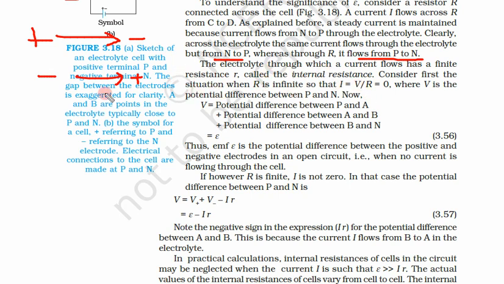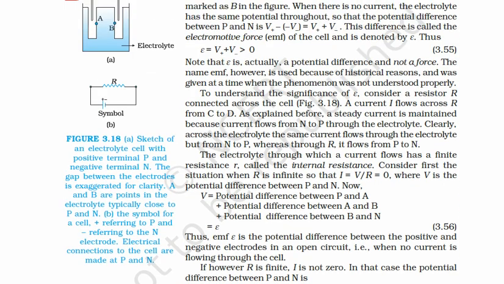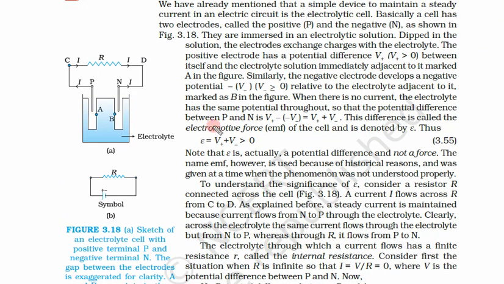Now if you see this diagram once again, the outside resistance was capital R. But in this diagram, in between this negative electrode and this positive electrode, there is an electrolyte. So there is some solution in between them.